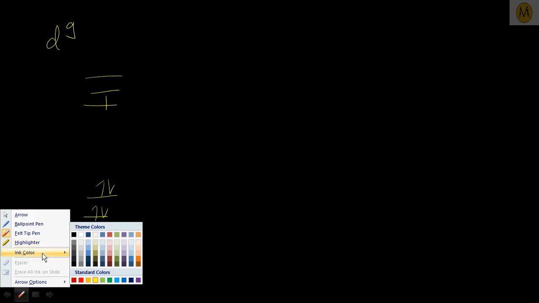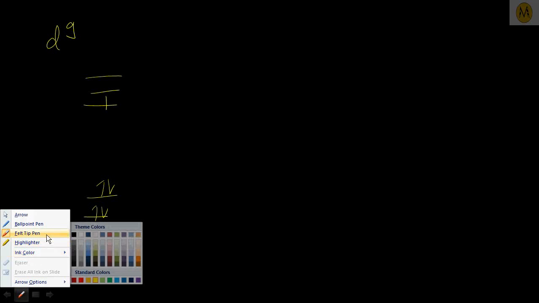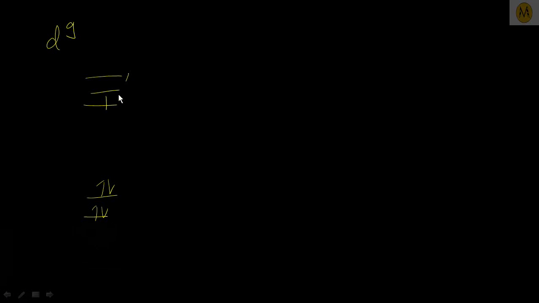Is that okay? Now we shall consider the d9 configuration. So what happens in d9? Sorry, I just drew the reverse thing. There's no eraser. So we have Eg and T2g.